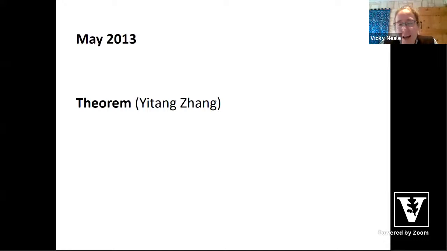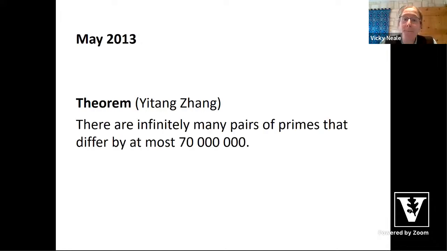Yitang Zhang announced that he was able to show that there are infinitely many pairs of primes that differ by at most 70 million. So infinitely many pairs of primes where the gap between the primes is less than or equal to 70 million. You might be thinking, but hang on a minute, the twin primes conjecture is about pairs of primes that differ by 2, and 70 million is massive compared with 2.